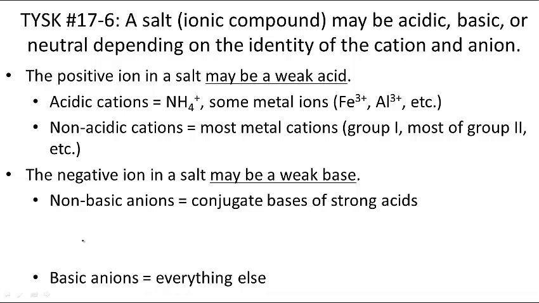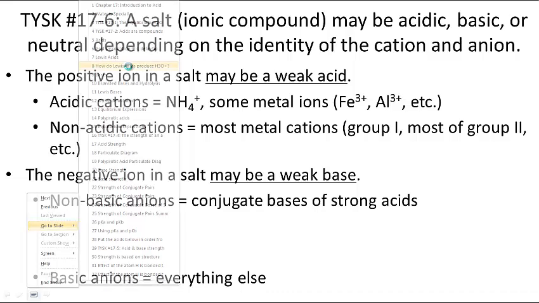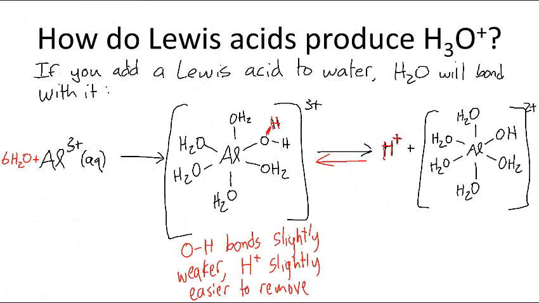Certain metal ions are also somewhat acidic. We talked about that way back when, I think in the first lecture, about how aluminum 3+, when you dissolve it in water, turns out aluminum 3+ is very attractive to water, because water's got the partial negative on the oxygen, they've got lone pairs.